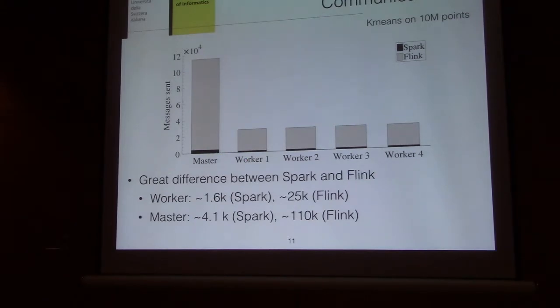Spark sends more or less 4k messages and Flink more than 110k. Given that the workload and the operating conditions are the same, the difference is quite big. For this reason, we consider the communication in Flink to be less optimized than in Spark.